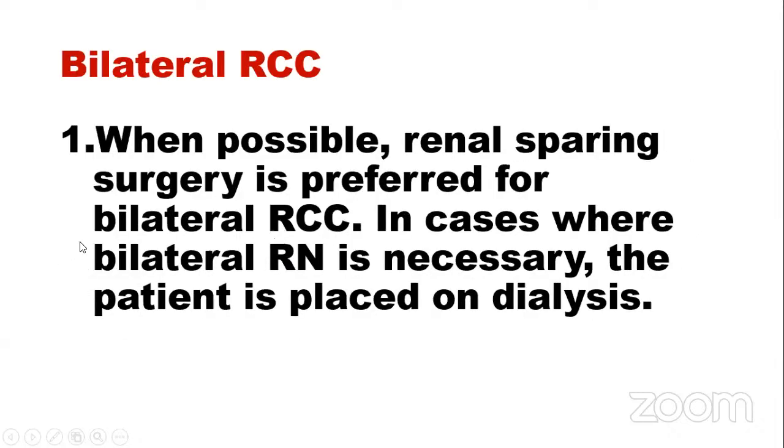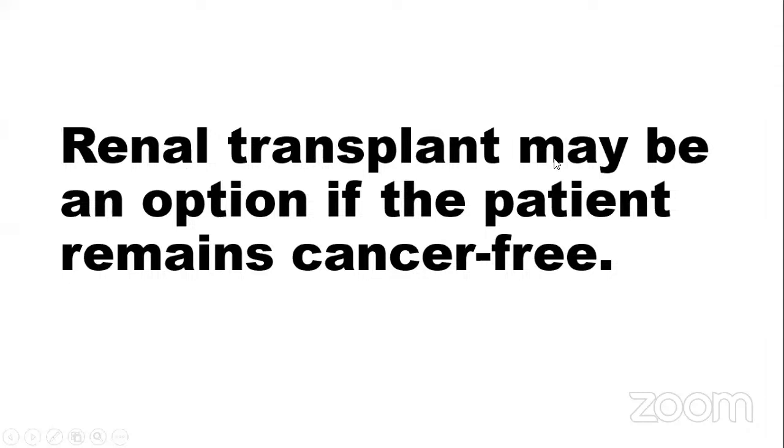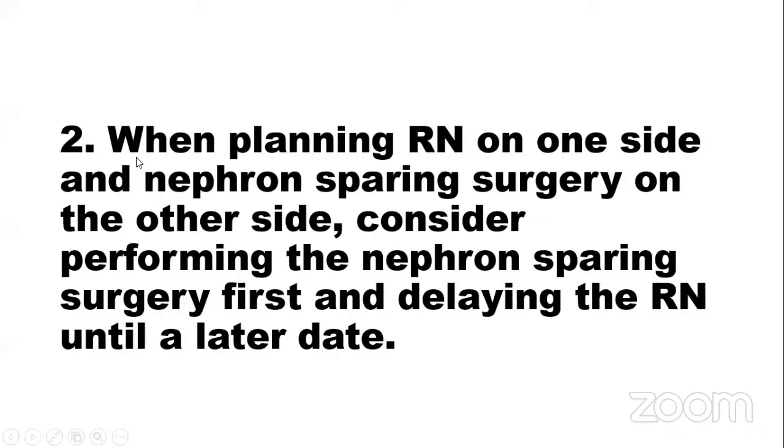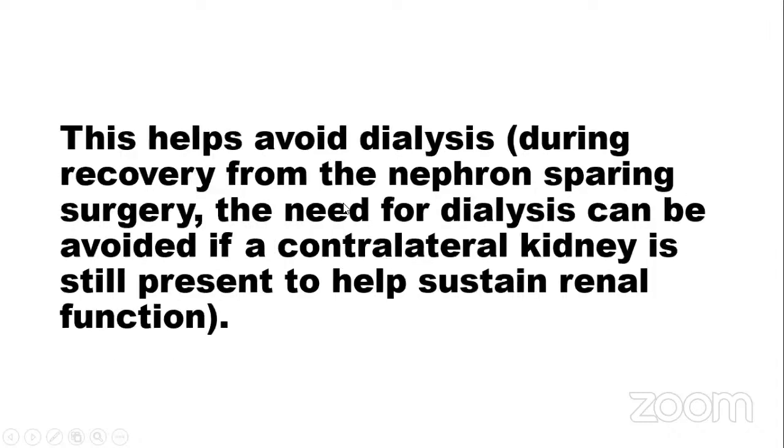Okay. Bilateral RCC: when possible, renal-sparing surgery is preferred. In cases where bilateral nephrectomy is necessary, the patient is placed on dialysis. Renal transplant may be an option if the patient remains cancer-free. When planning radical nephrectomy on one side and nephron-sparing surgery on the other side, consider performing the nephron-sparing surgery first and delaying the radical nephrectomy until a later date.